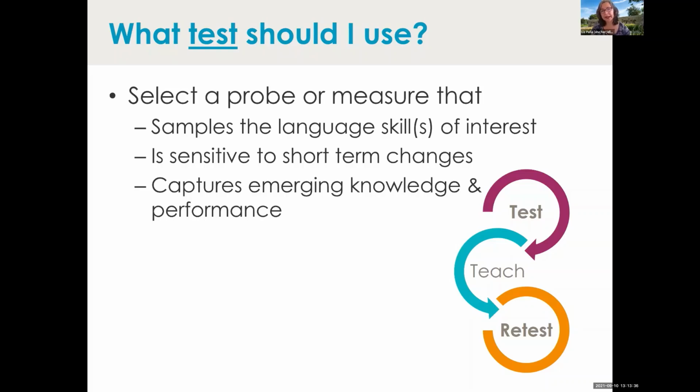And we want to be able to capture emerging knowledge and performance. So it's not that I want to rate something on a scale: is it close to the target? Is it exactly the target? Is it completely different from the target? So that helps us to capture what children are learning in a very short amount of time.